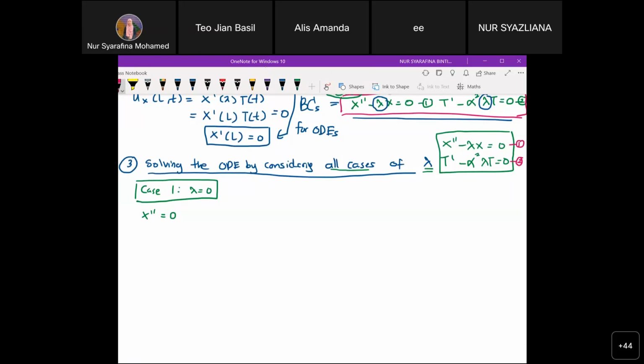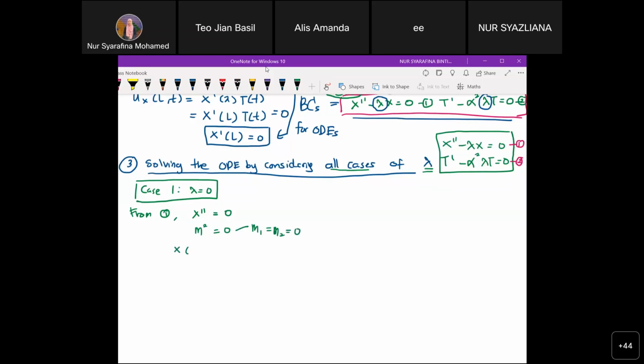From the first equation, we know that x double prime equals 0. This is homogeneous, and by the characteristic equation, m squared equals 0, where we have two roots, m1, m2 equals 0.